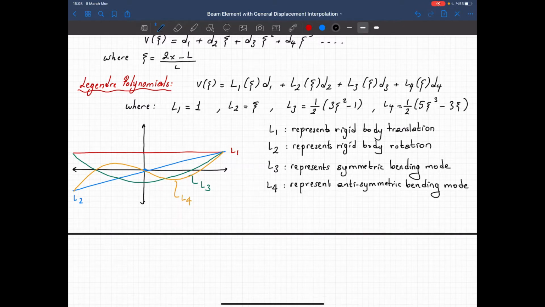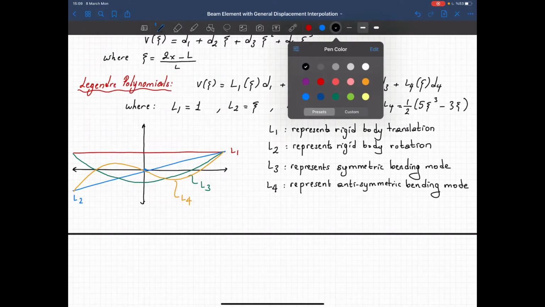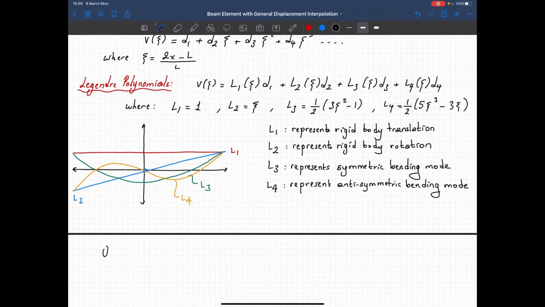So I need a relationship between these interpolation functions and the nodal displacements, or the displacement field of that member, so that I can write down the energy equations. Now, if this is the displacement interpolation that I have, my rotation interpolation will be the first derivative of it.